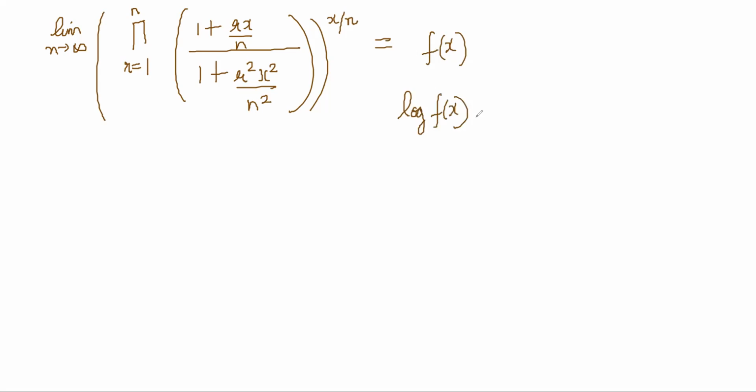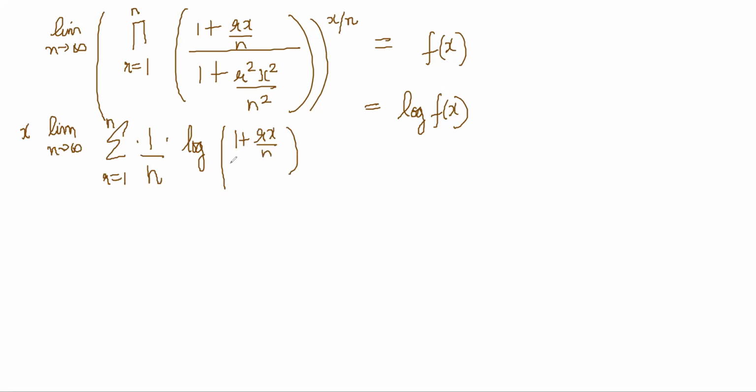Log f(x) will be equal to x times the limit as n tends to infinity, and when you take log, this becomes a summation, r from 1 to n, 1 by n log of (1 + rx/n) by (1 + r²x²/n²), correct?